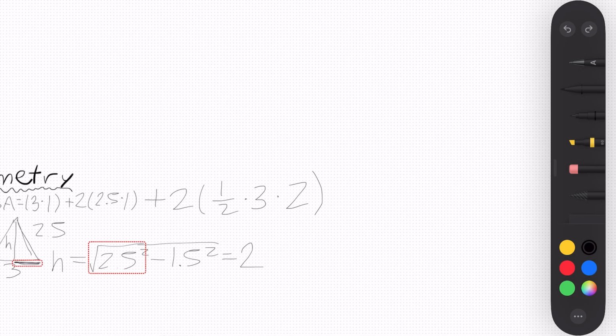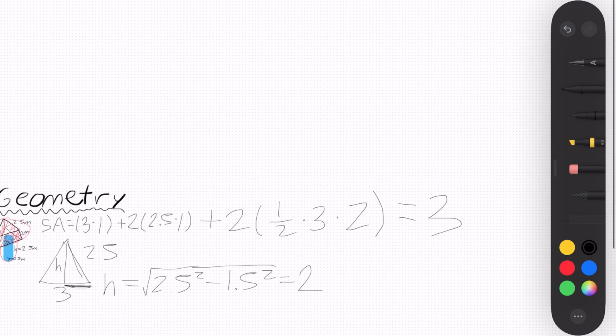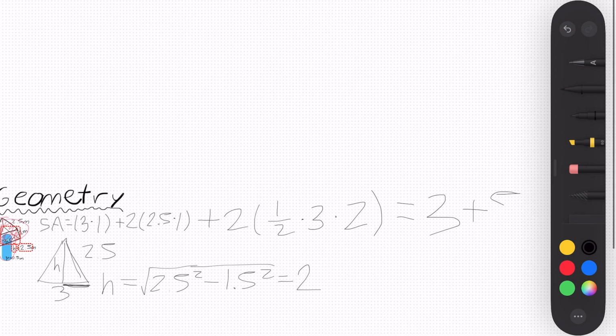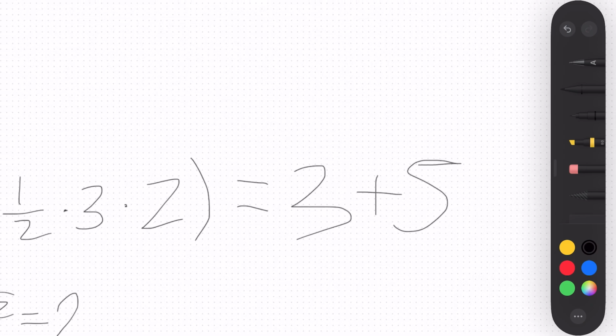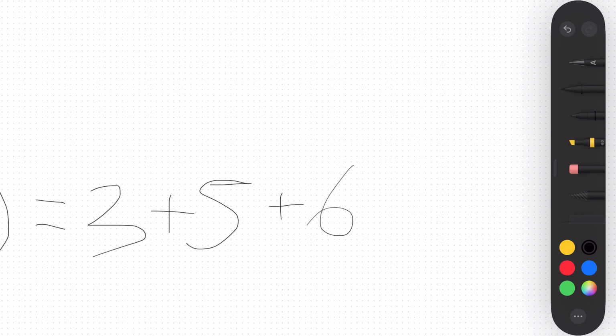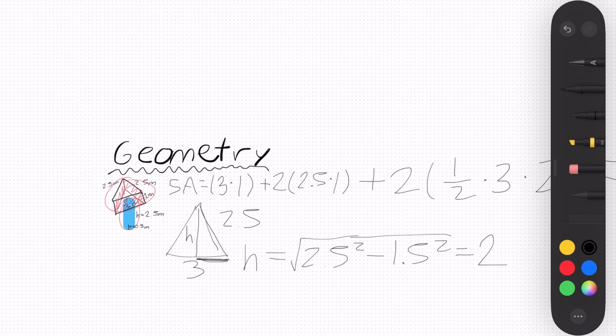The surface area of our triangular prism will be 3 times 1, 3, plus 2 times 2.5, plus 5, plus 2 times 1/2 times 3 times 2. 1/2 times 2 is just 1, 1 times 3 is 3, and then 2 times 3 is 6. So this will be plus 6. And then we have 3 plus 5 plus 6, which is equal to 14. So we have the surface area of our triangular prism.